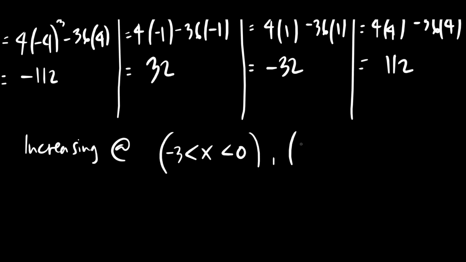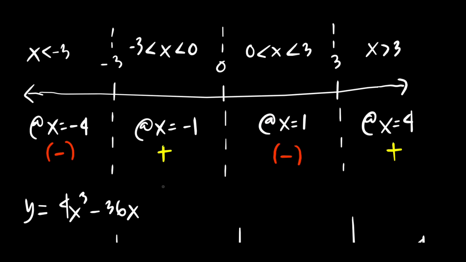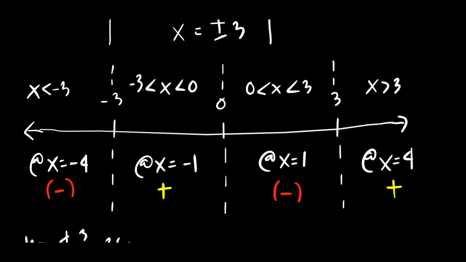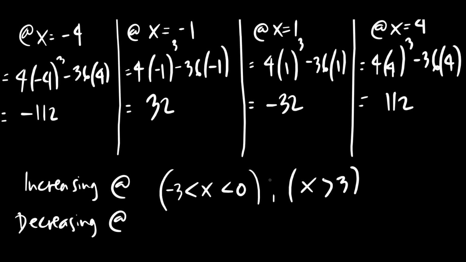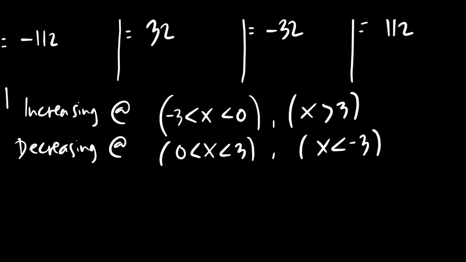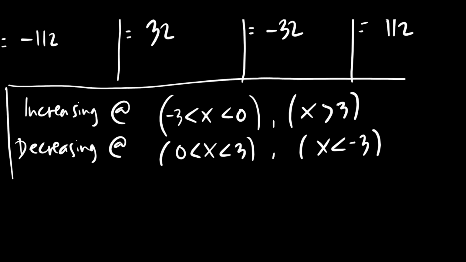For the decreasing function interval, we have x is less than negative 3 and x is greater than 0 but less than 3. So this will be now our final answer.